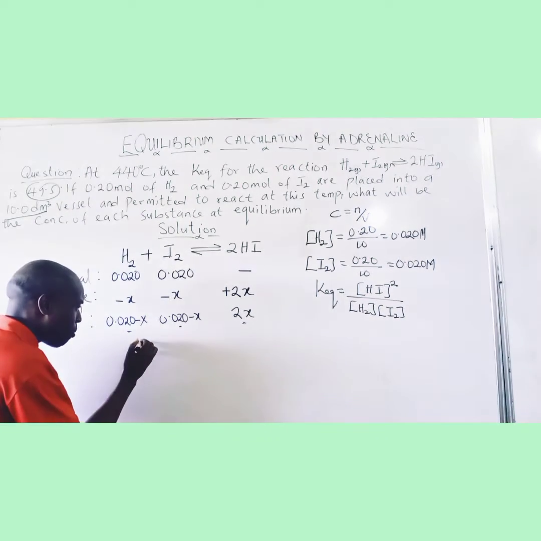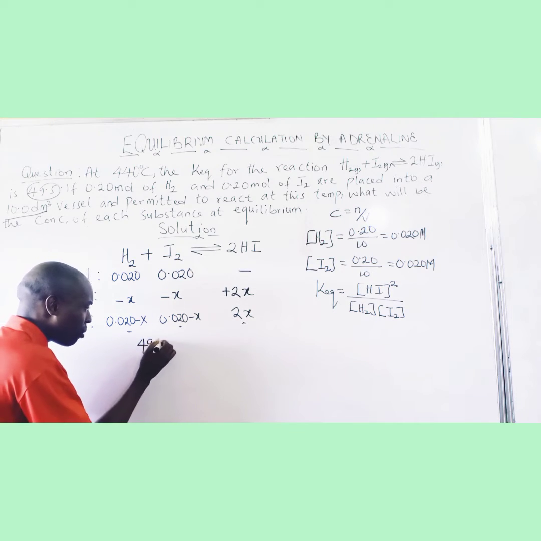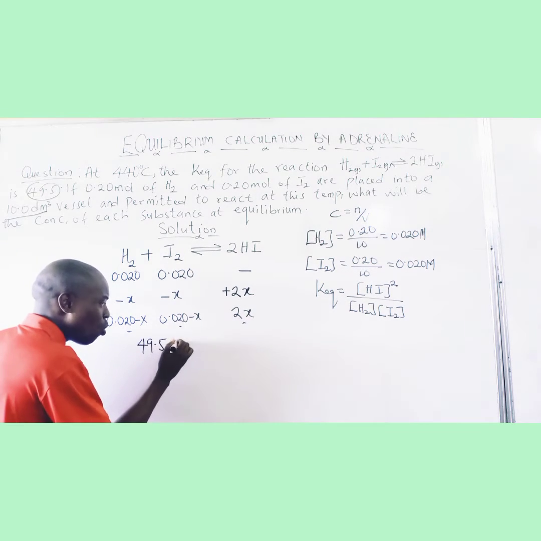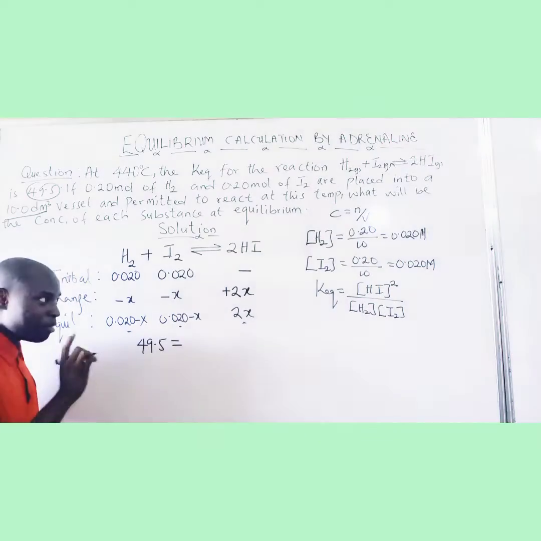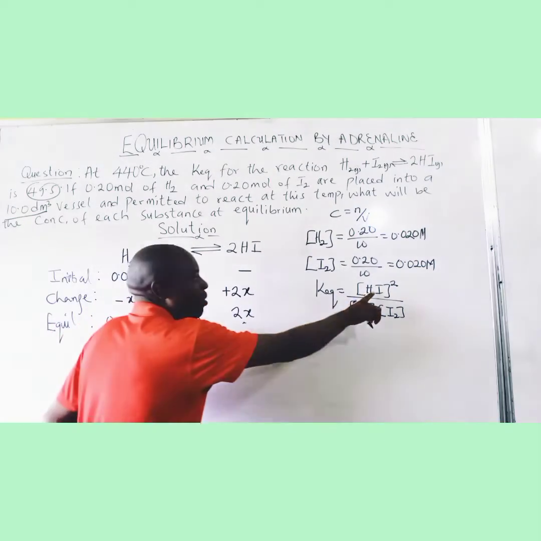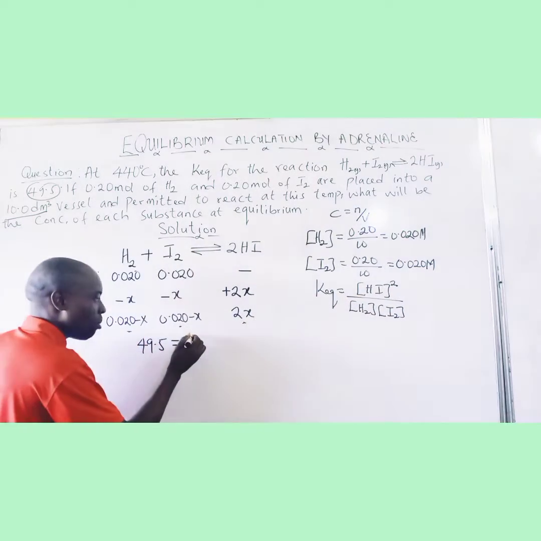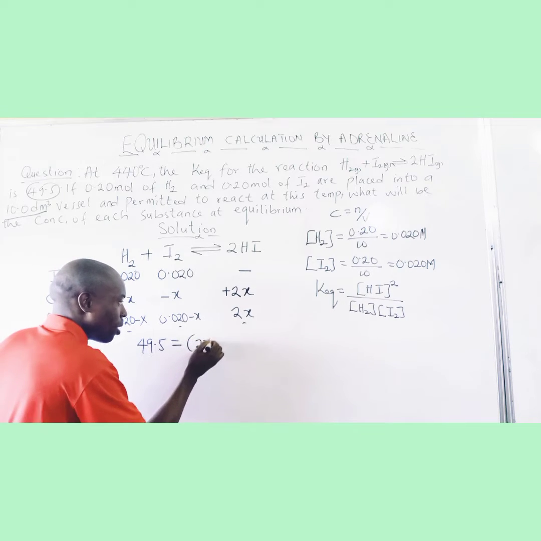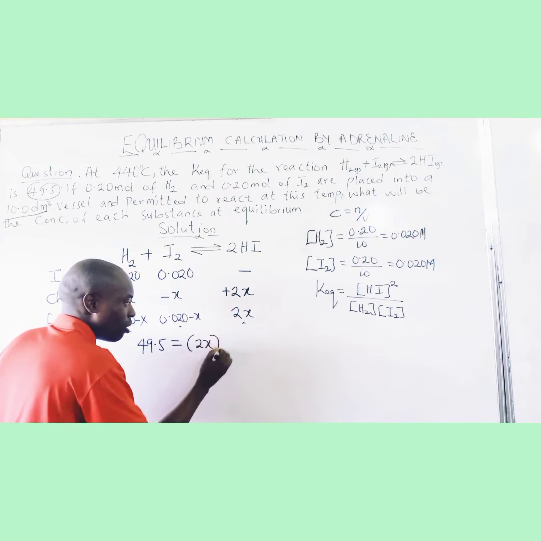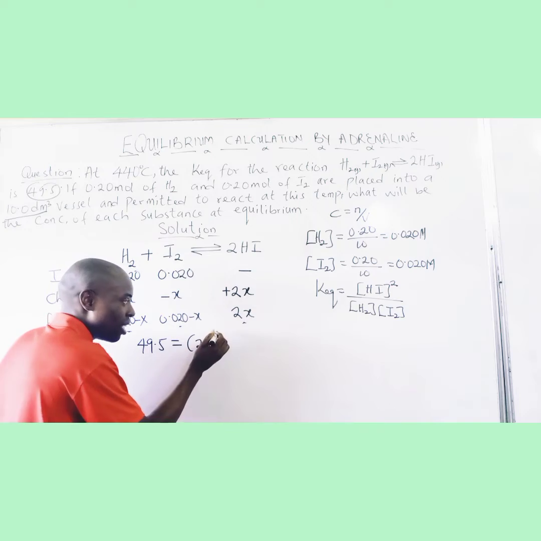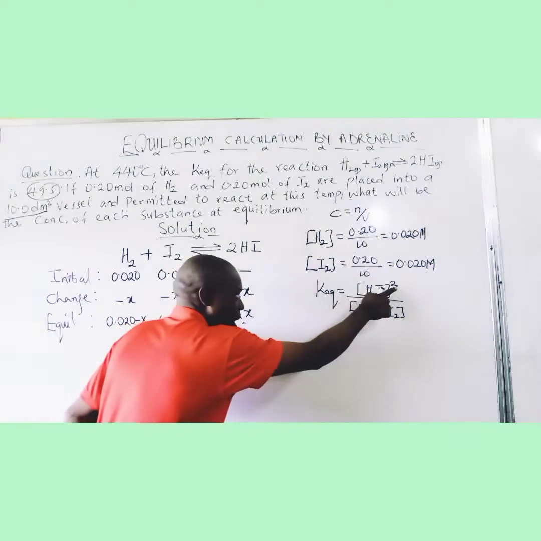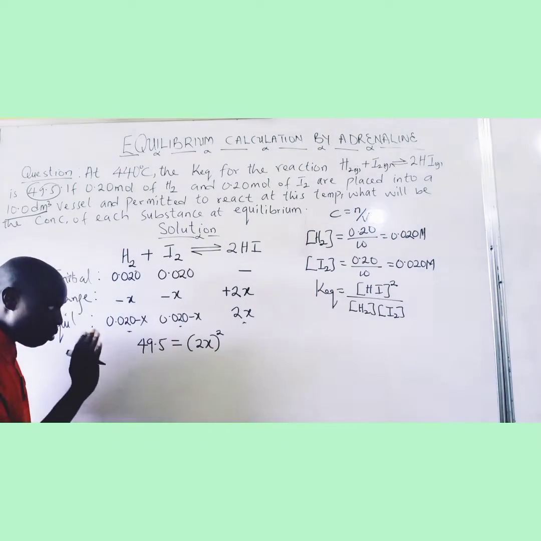49.5 is equal to, follow me, the concentration of hydrogen iodide, which is 2x, then close bracket, squared. Please follow me, it's simple.